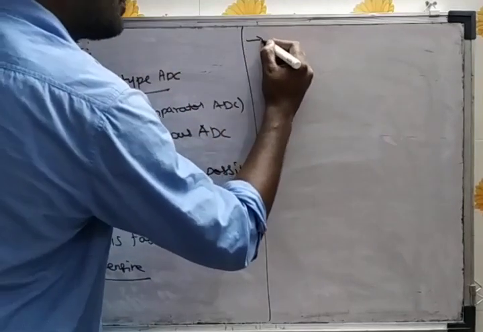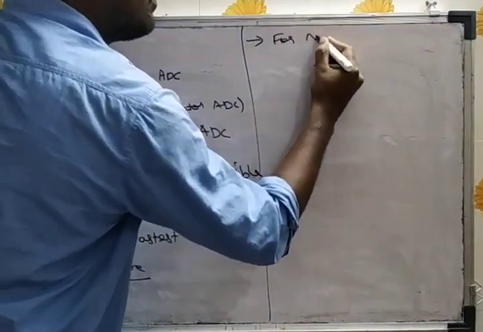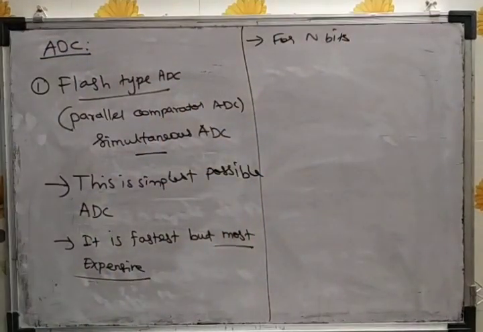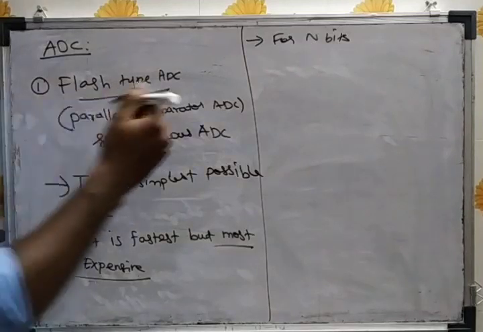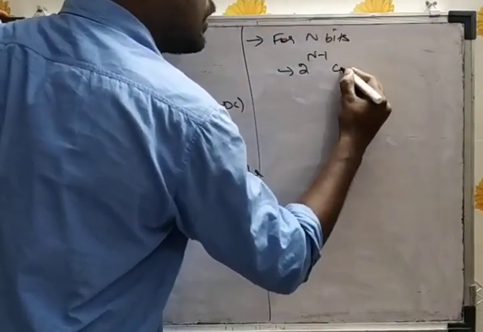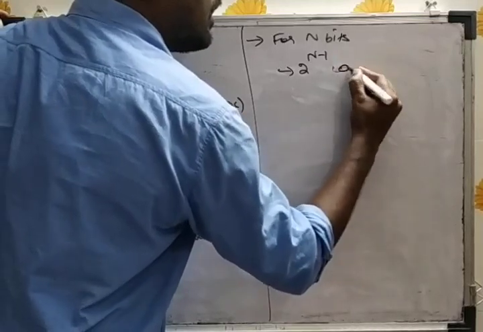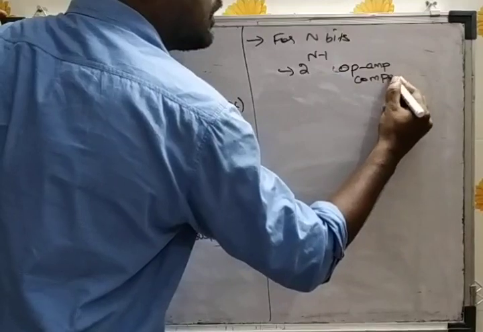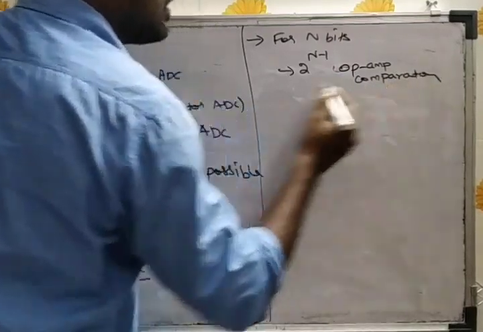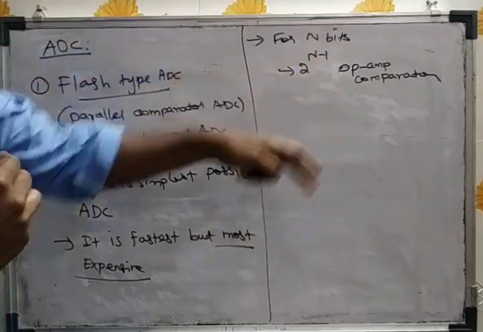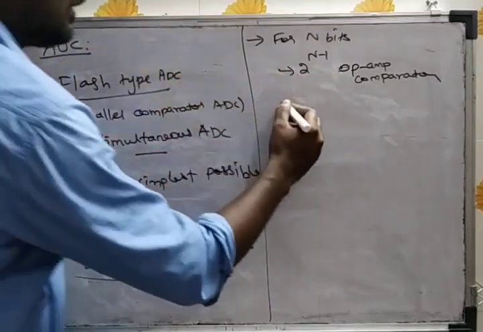So for n bits, we are using 2 power n minus 1 op-amp comparator circuit.